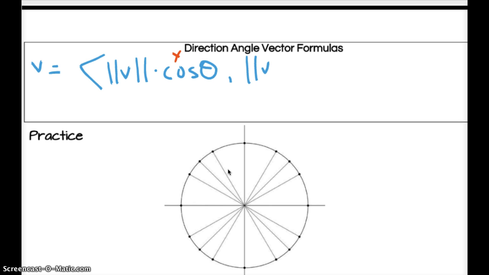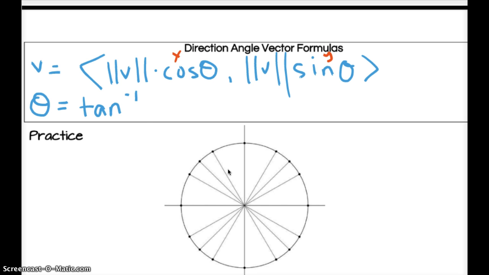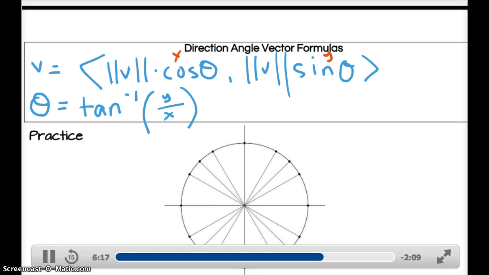Then you take the magnitude and multiply it by the sine of that angle, which is really just the y value. That will always give you a vector. Now, if you want to find the direction angle, you can always use the inverse tan of the y value over the x value. Always. We can draw a triangle and find the inverse tan to help us find the direction angle.